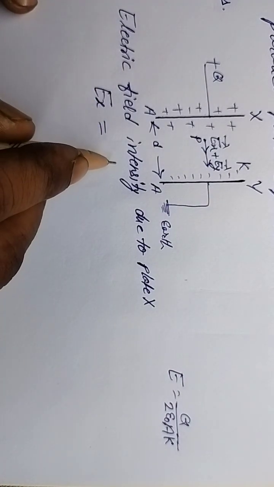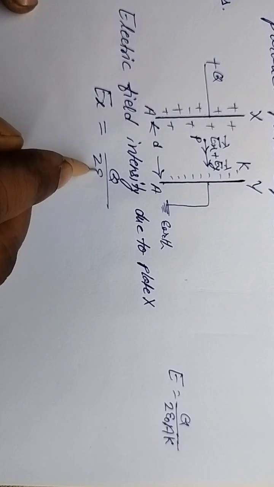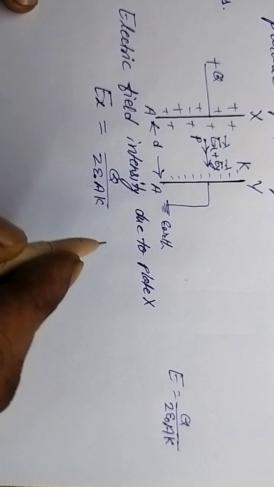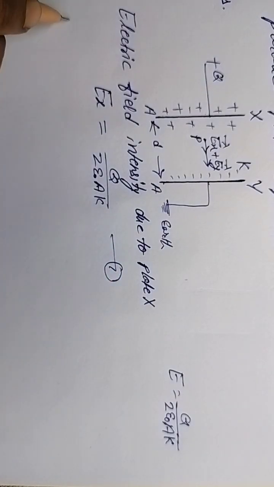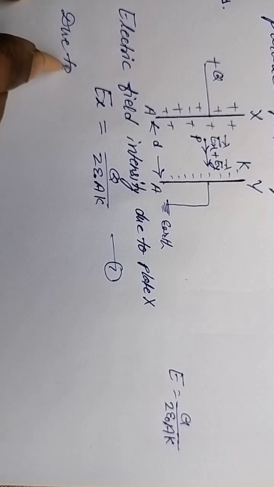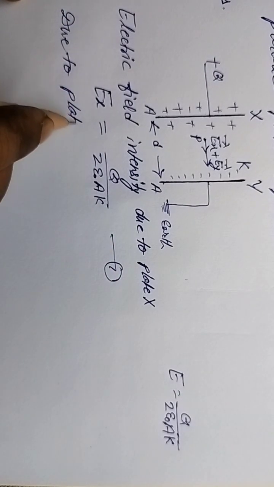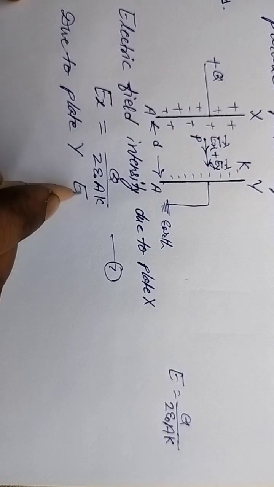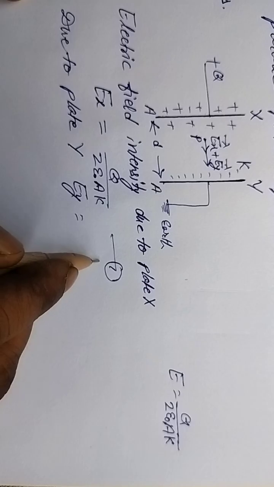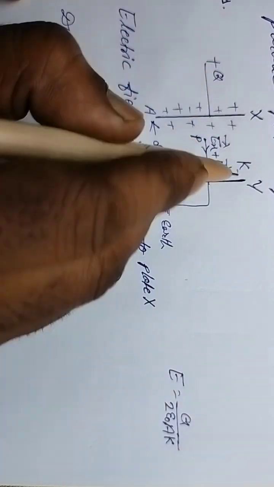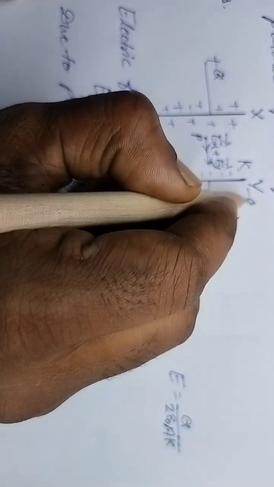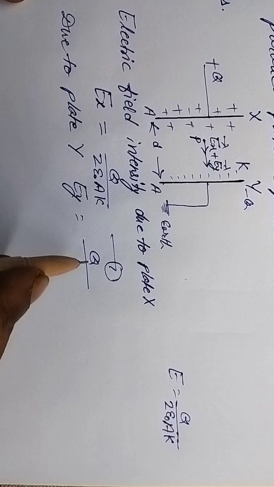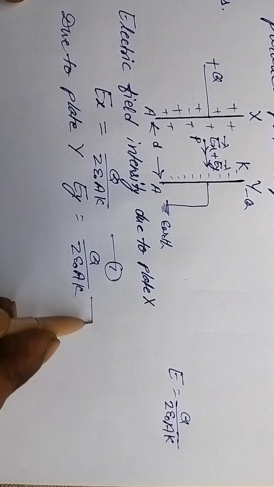Ex will be Q upon 2 epsilon 0 A K, equation number 1, due to plate Y. The electric field intensity Ey will be, both are the same charge, this is negative Q, this is positive Q, Q upon 2 epsilon 0 A K.